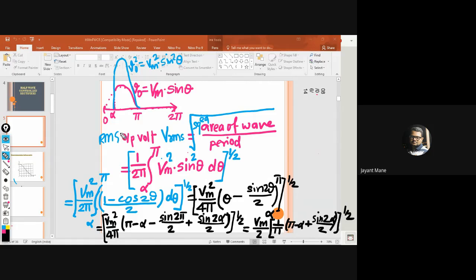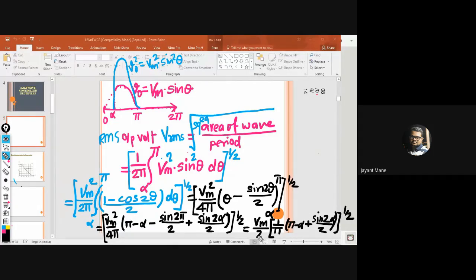It is 0. Okay, this is the sine wave. Sine of pi is also 0, and sine of 2 pi again is 0, isn't it? Sine 0 is also 0. Sine pi 0. Sine 2 pi 0. So from the sine wave also we can easily write down the value. Sine 2 pi is 0. So only these terms are there. So this is the RMS value of the voltage.